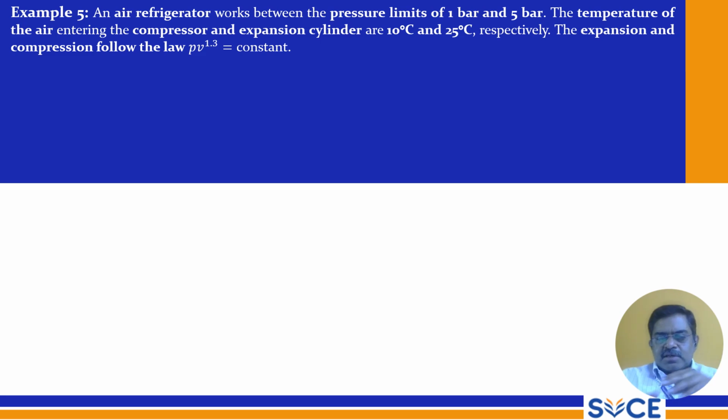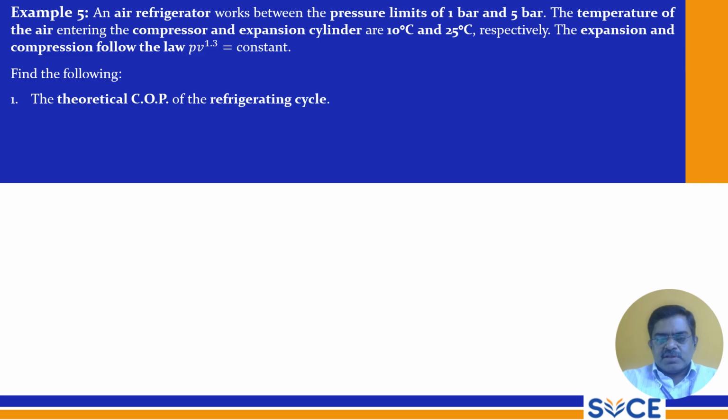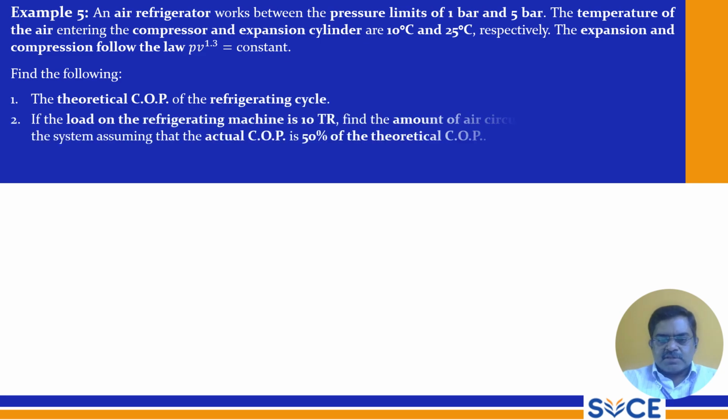An air refrigerator works between the pressure limits of 1 bar and 5 bar. The temperatures of the air entering the compressor and expansion cylinder are 10 degrees Celsius and 25 degrees Celsius respectively. The expansion and compression follow the law PV power 1.3 equal to constant, and we have to find the theoretical COP of the refrigerating cycle.